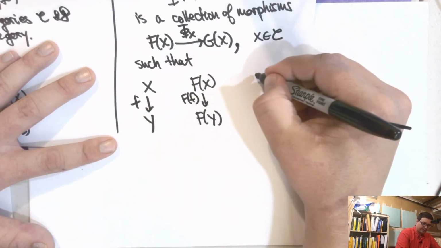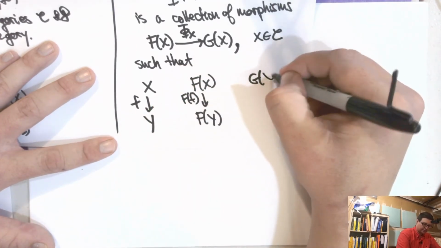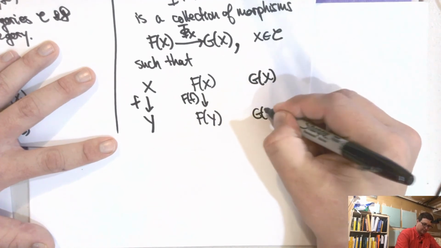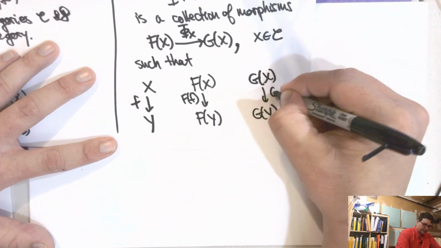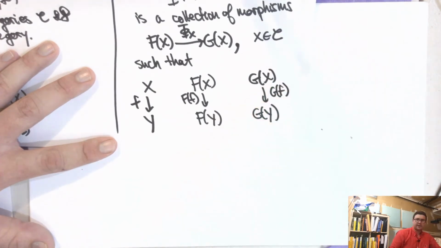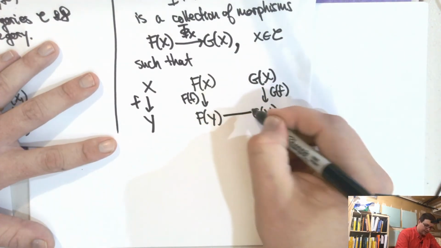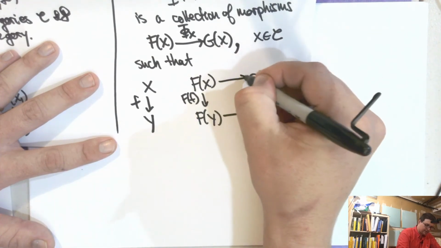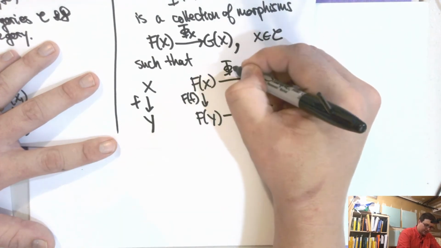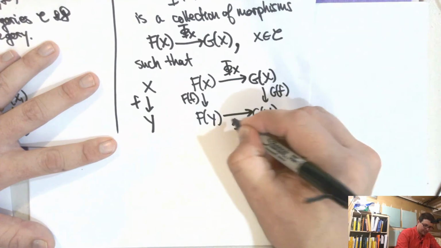And I can apply another functor, and I get this thing. Those are the two functors. And then I have the natural transformation that compares the two.